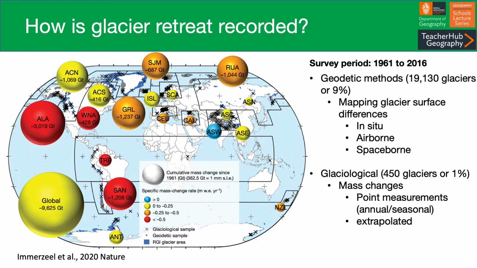You can see that the global cumulative glacier mass change compared to 1961 is nearly 10,000 gigatons of ice. With 365 gigatons of ice being the equivalent to 1 millimetre of sea level equivalent, that loss of 10,000 gigatons of ice equates to 2.6 centimetres of additional water that's been discharged directly from the glaciers to the sea in the last 60 years.